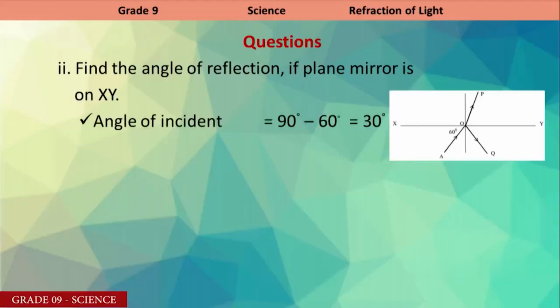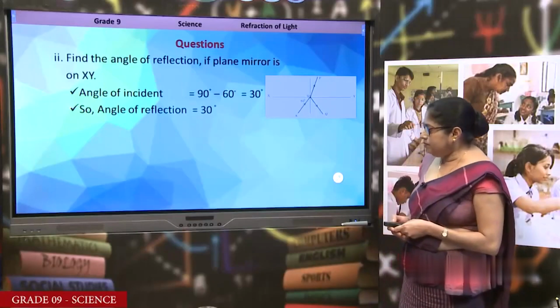So, by subtracting 60 from 90, you will get angle of incidence as 30 degrees. So, angle of reflection is also 30 degrees, that is this angle. This is because laws of reflection say that angle of incidence is always equal to the angle of reflection.